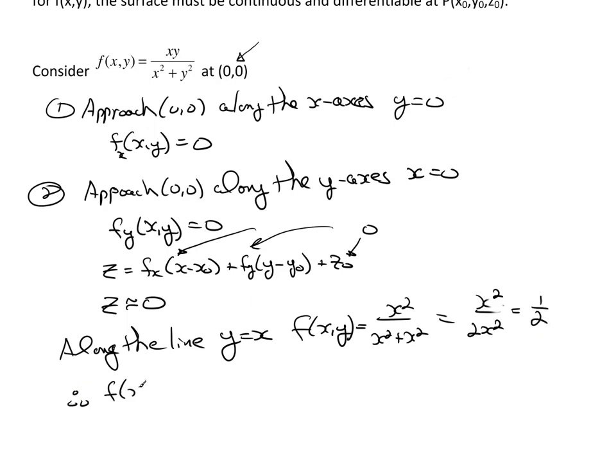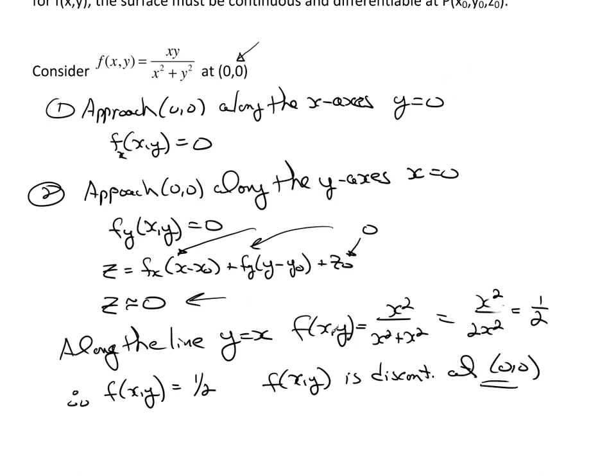Therefore, f(x, y) is equal to a half everywhere along the line y equals x. But we said that it was approximately 0. Because of this, we can say that f(x, y) is discontinuous at 0, 0. Well, if it's discontinuous, the whole idea of this tangent plane approximation just went out the window.